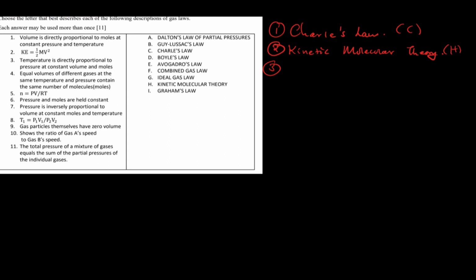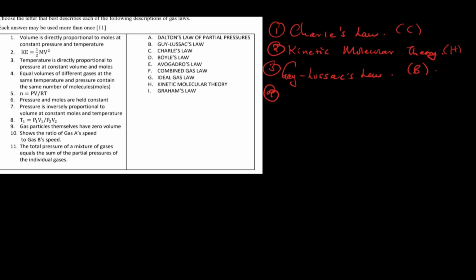So for 3, the one that represents temperature being directly proportional to the pressure at constant volume and moles is the Gay-Lussac's law. Gay-Lussac's law, and basically in our case that's B. So Gay-Lussac's law states that the pressure of a gas is directly proportional to its absolute temperature at constant volume and moles of gas.